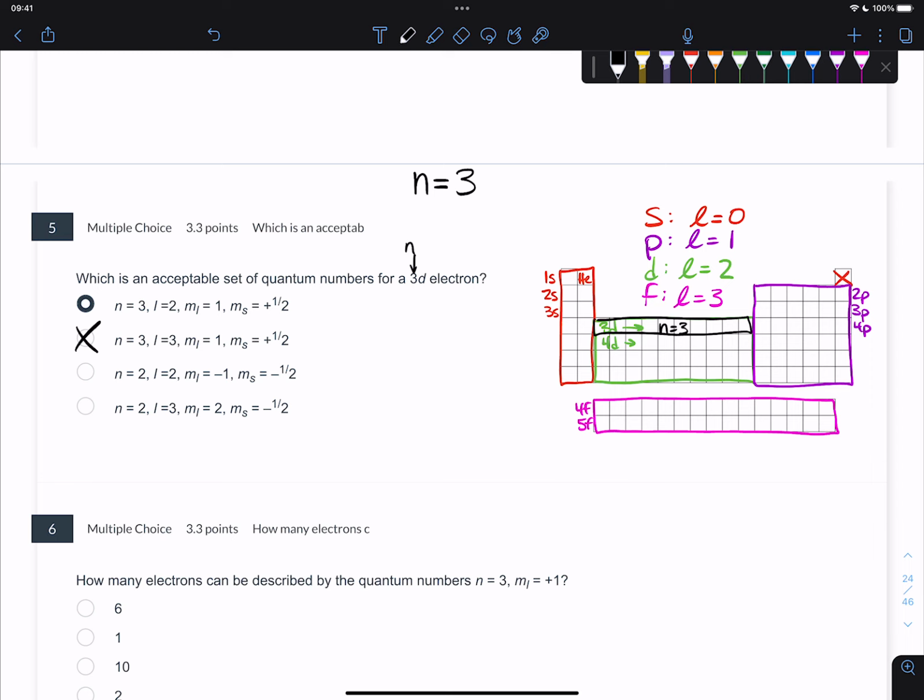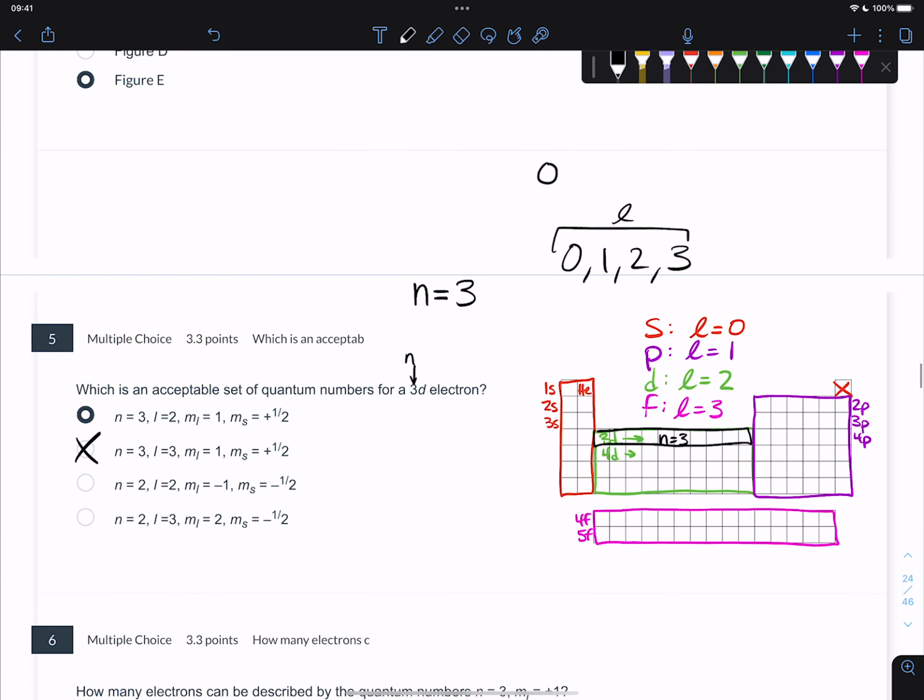What values could L assume? L can only ever be 0, 1, 2, or 3. And the range of the L values goes from 0 all the way up to whatever n is minus 1. So if n is equal to 3, based on the fact that it's in that third principal energy level, then L can't be the same as n.